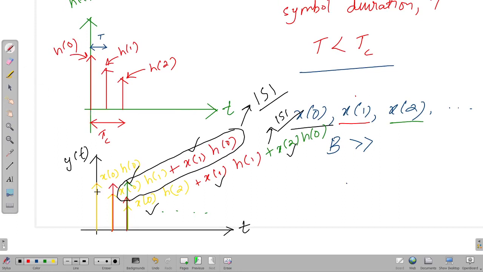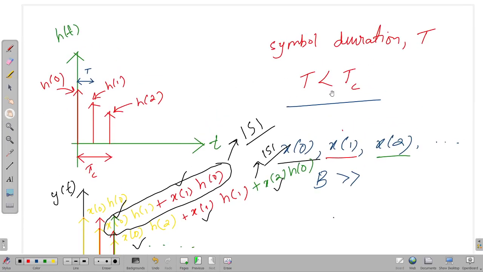Just think, if the symbol duration T was greater than the coherence time of the channel, then your x of 0 gets transmitted and 3 copies are received, and then the symbol duration is greater than Tc. So after all the symbol copies are received, you will have the next transmission of the symbol x of 1. So in that case there won't be any inter-symbol interference.